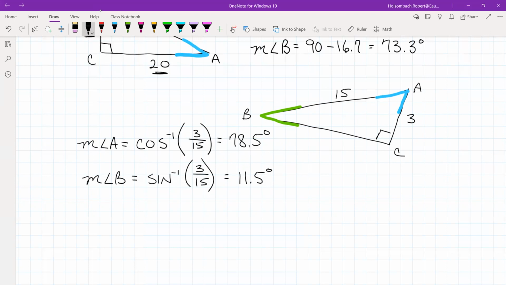All right. Now, where you will most definitely get into a problem is if you don't type this fraction straight into the calculator. If you take 3 and divide it by 15, you get like 0.2. And then if I go like second fix 4 and I do 3 divided by 15, it's still 0.2.